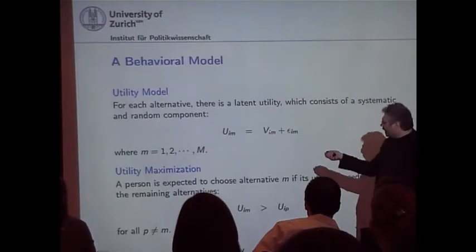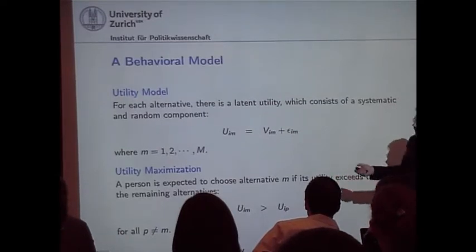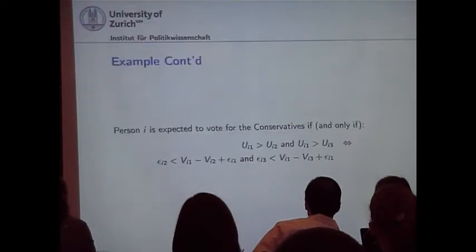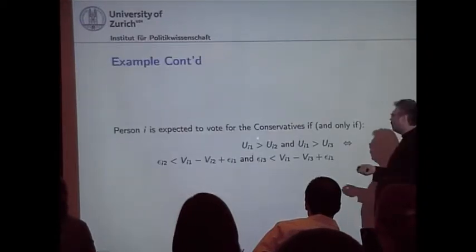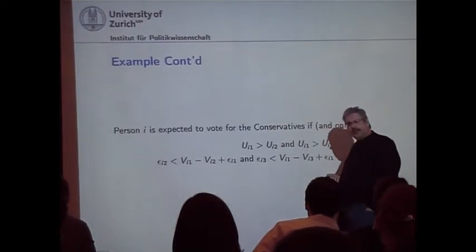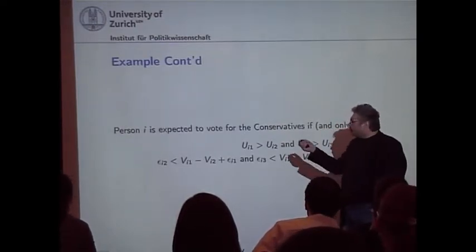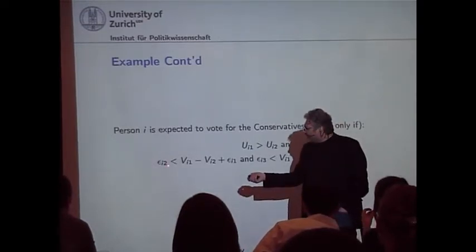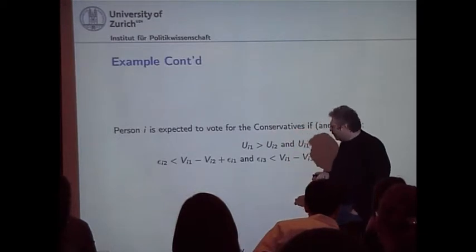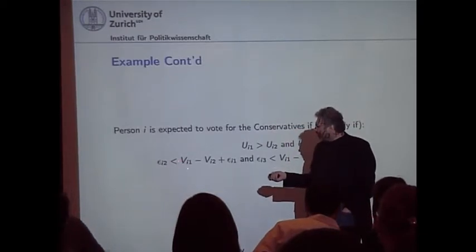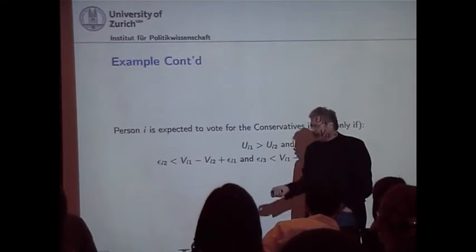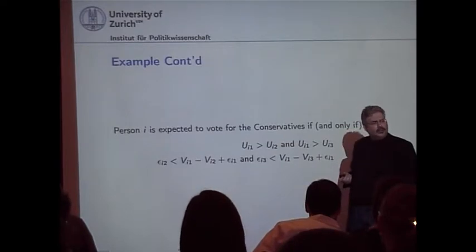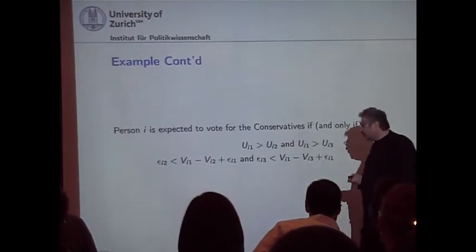And taking advantage of the V plus epsilon formulation of these utilities, you can also formulate that a little bit differently. Person I is expected to vote for the Conservatives if the random component associated with Labour is less than the difference in the systematic utilities between the Conservatives and Labour, plus the error associated with the utility for the Conservatives.